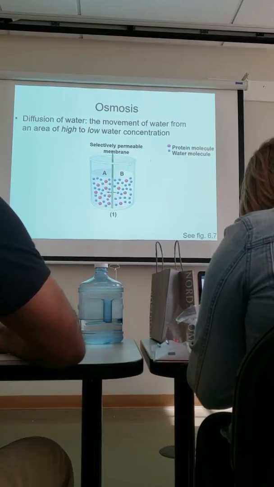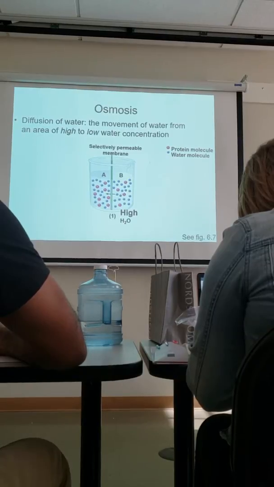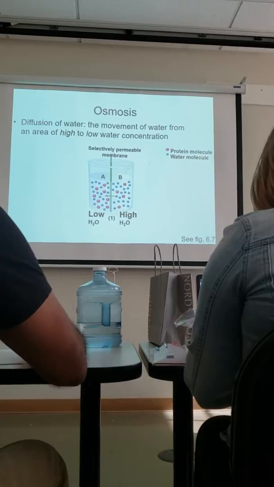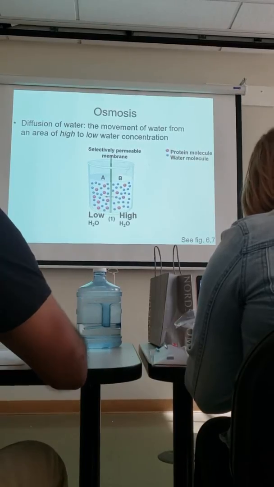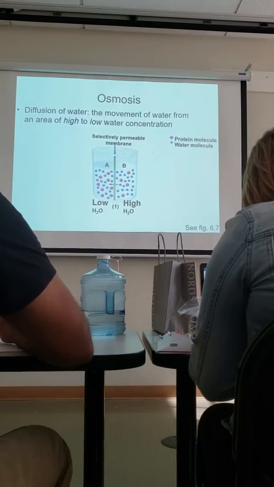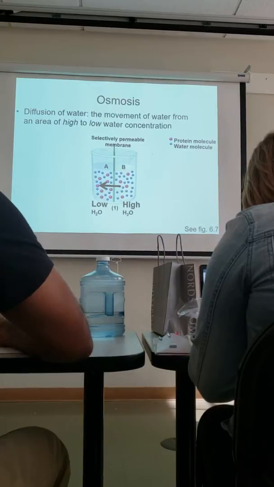So side B has the higher concentration of water. Side A has the lower concentration of water. So based on osmosis, where's water going to move in this scenario? From B to A, right? Or in this case, from right to left.